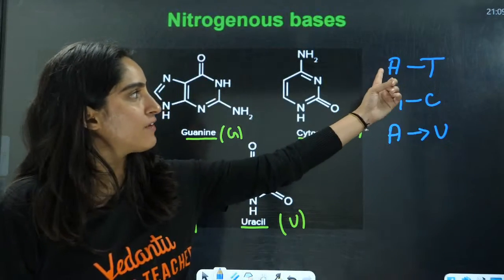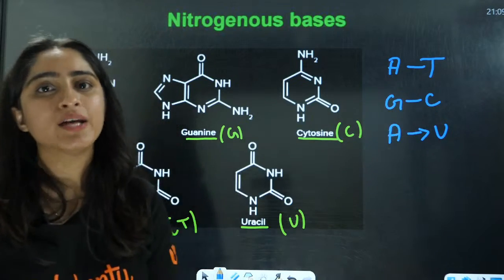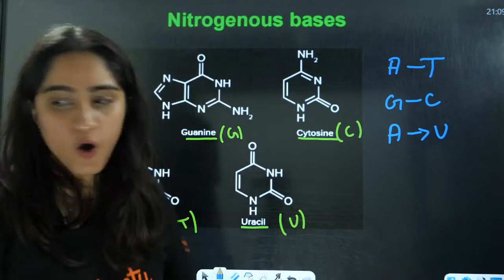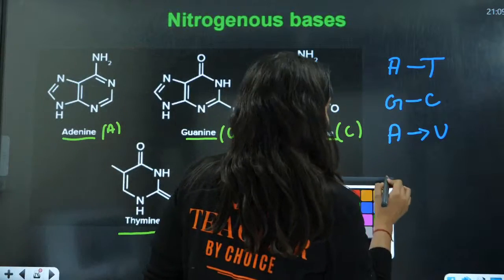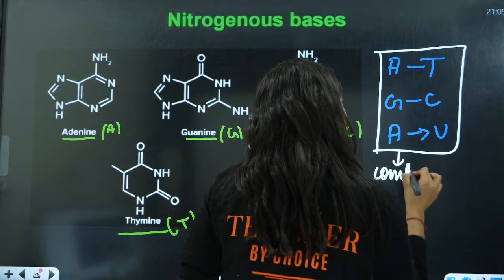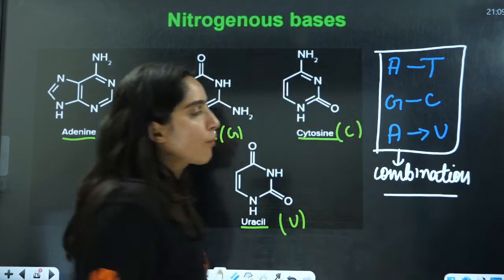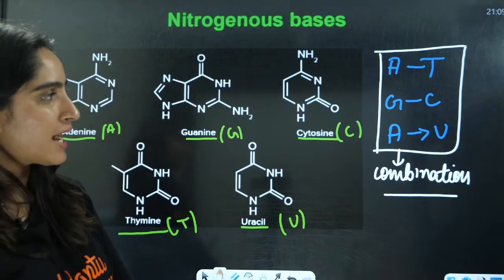A will have hydrogen bonding with T or U, and G will have hydrogen bonding with C. This is how it is going to be, this is the combination of hydrogen bonding. These are the combinations that you will see here, right?